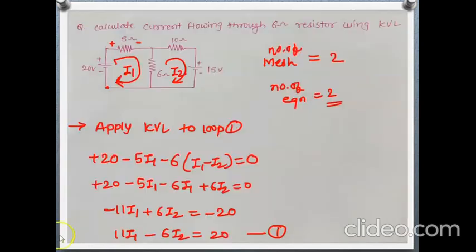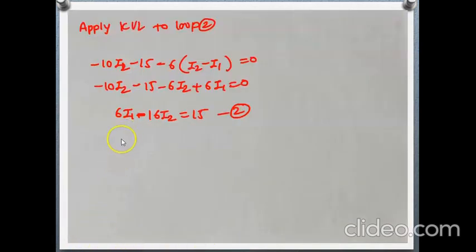And what is your equation number 1? 11I1 minus 6I2 equals 20. This is our equation number 1.